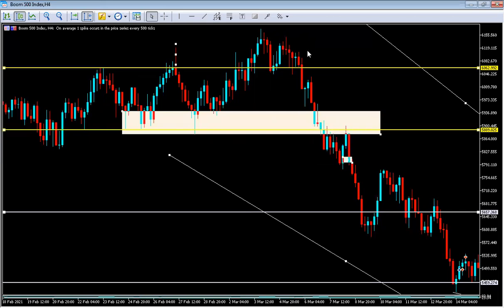So now you get to see that the market came down, got rejected by buyers, and pushed up again, and then finally broke out. And what happened inside here? There was rejection again. Buyers pushed up, came out of that zone, and sellers pushed back in.